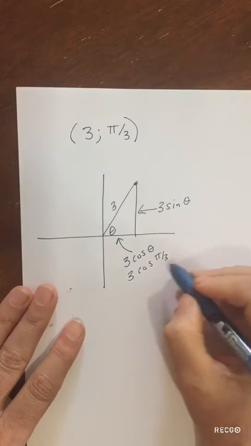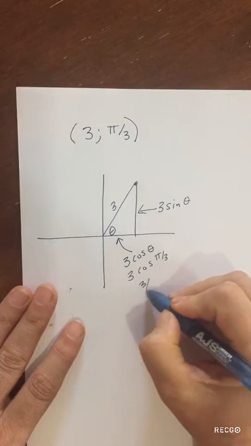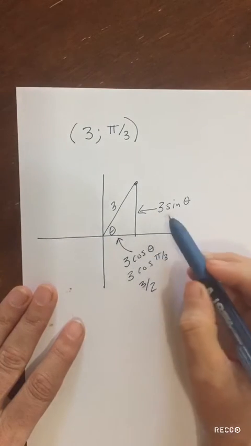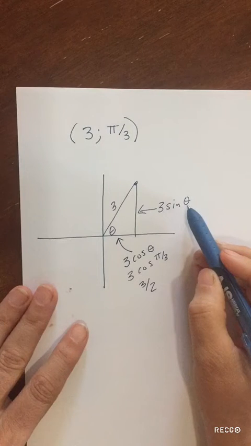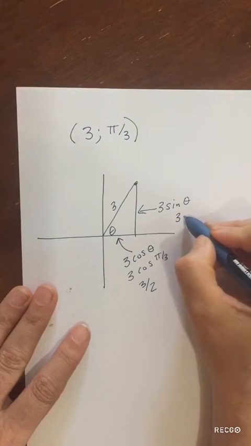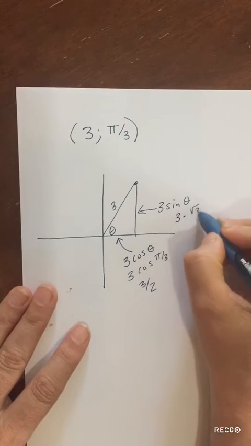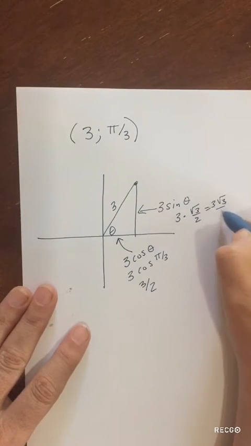The cosine of pi over 3 is just a half, so that's just going to be 3 halves. And then for this one, the sine of pi over 3 is going to be root 3 over 2, so it'd be 3 times root 3 over 2, that's going to be 3 root 3 over 2.